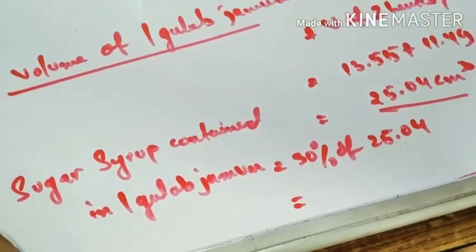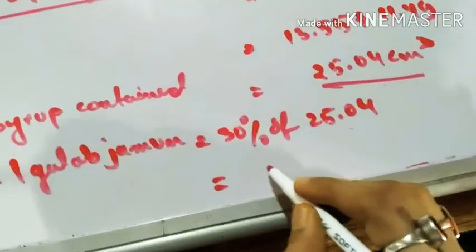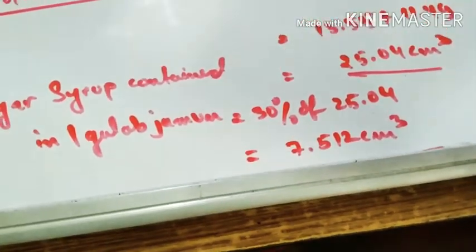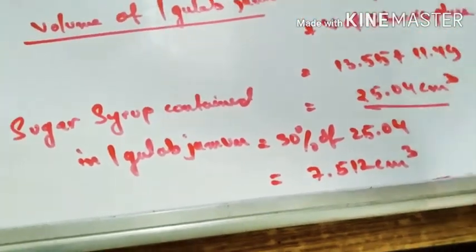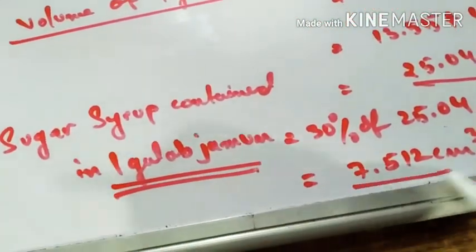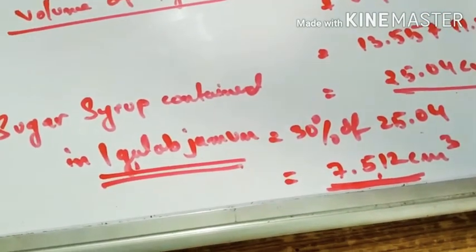I will get 25.04 into 3 divided by 10, which gives 7.512 centimeter cube. So in 1 gulab jamun there is this much sugar syrup.